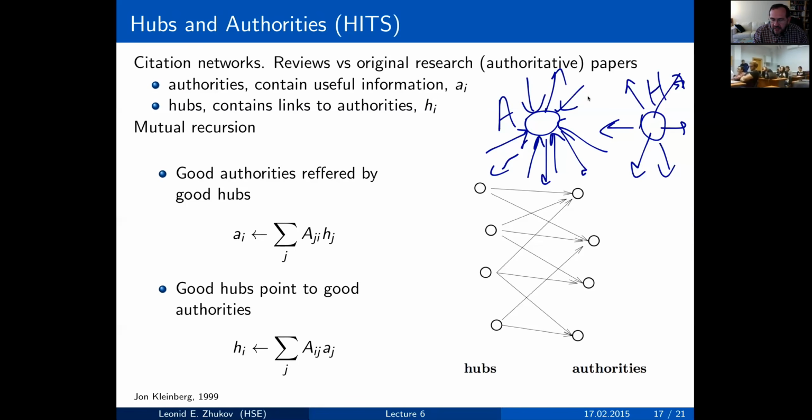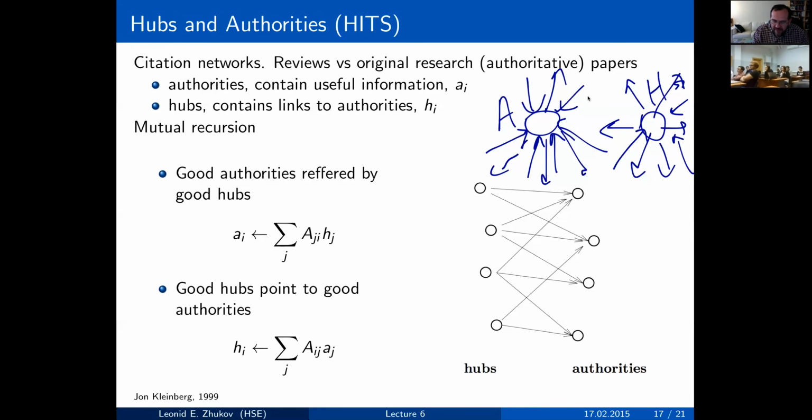And the hub, though the main role of the review or overview paper is to cite other papers and collect the knowledge, well, there will be more papers appearing that will cite the review. So both authoritative papers, pages or papers, and hubs will get incoming links and outgoing links.